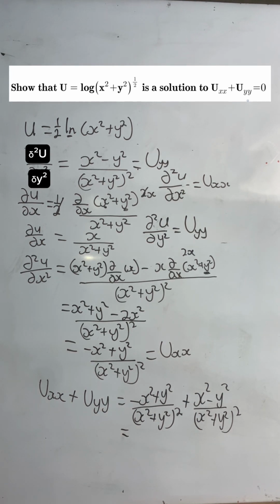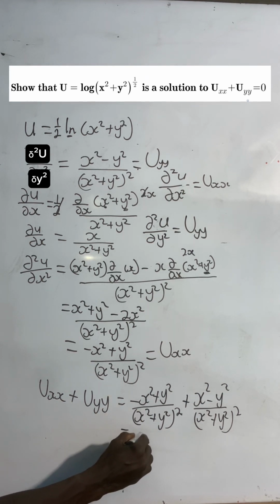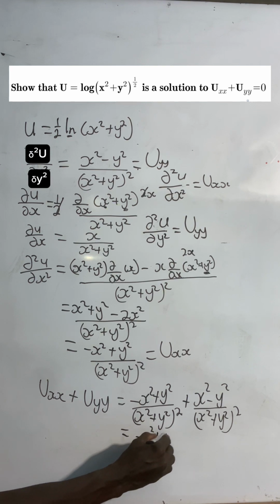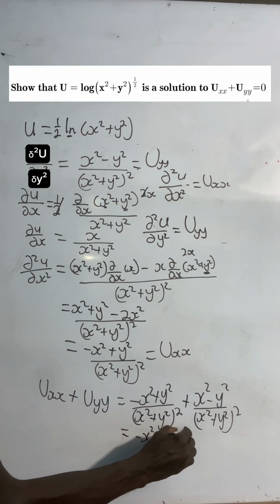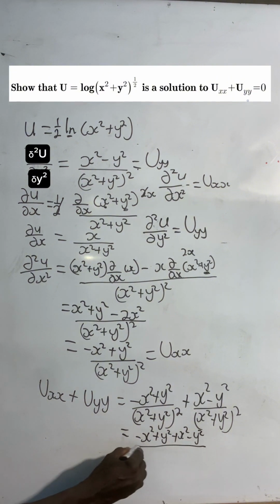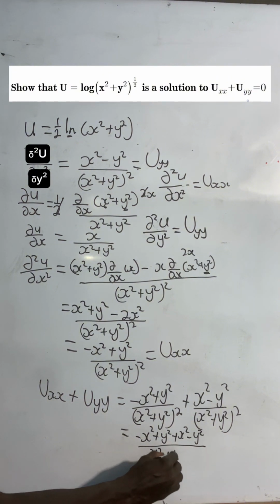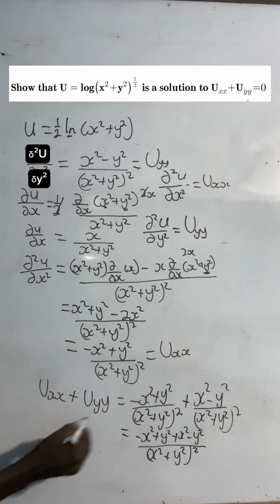This is simply negative x squared plus y squared plus x squared minus y squared all divided by x squared plus y squared all squared, since the denominators are the same.